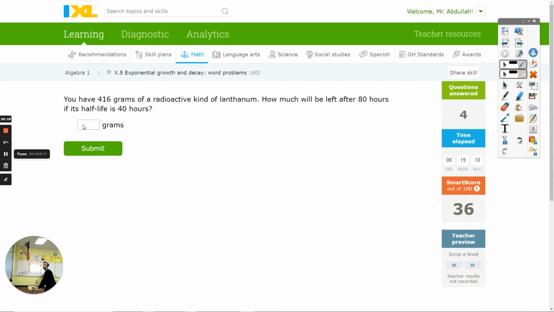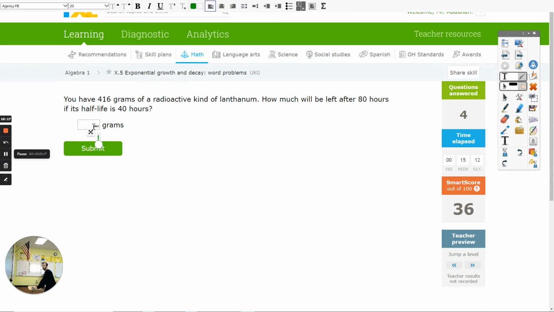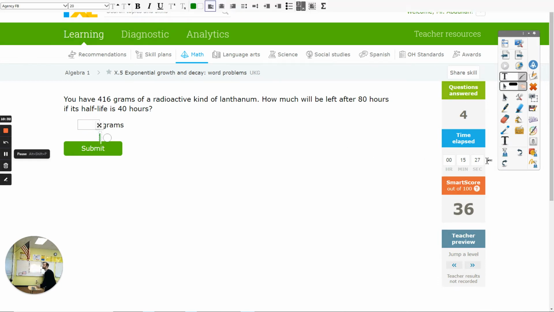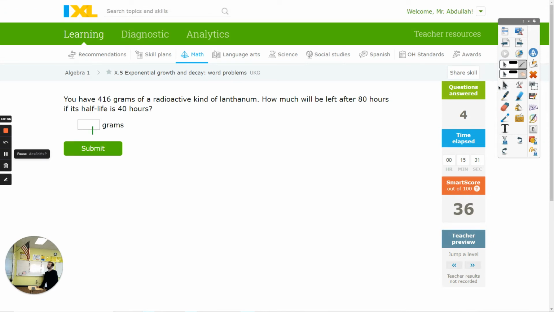Let's get rid of everything and then... Why is it doing this? Interesting. Okay, 104. Whatever. Huh. Okay, this one is going to be 104 grams.